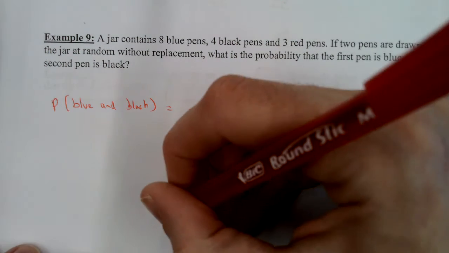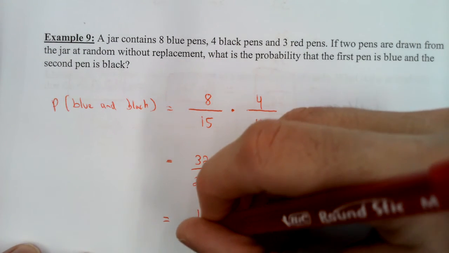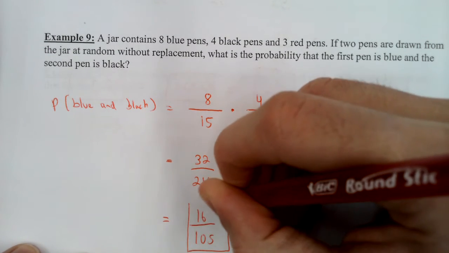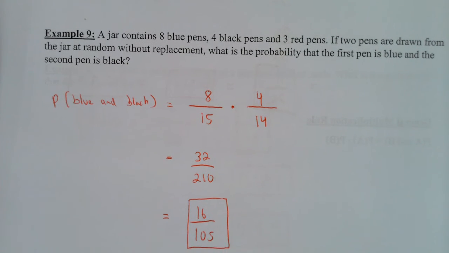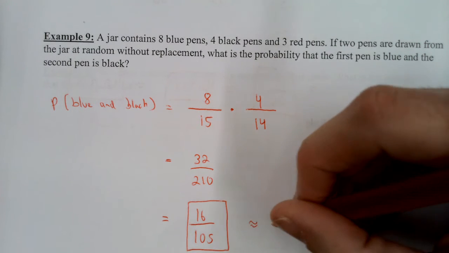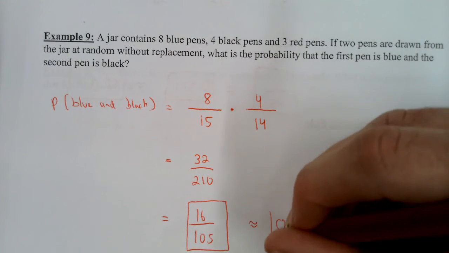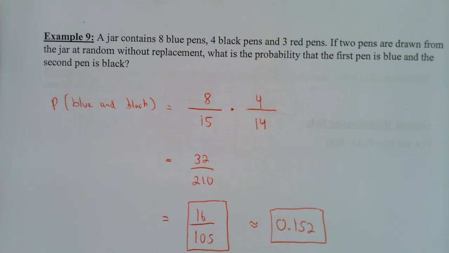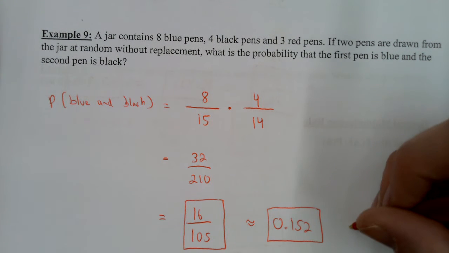Simplify that fraction to 16 over 105. As a decimal, that'll be approximately 0.152. As a percentage, that's 15.2%.